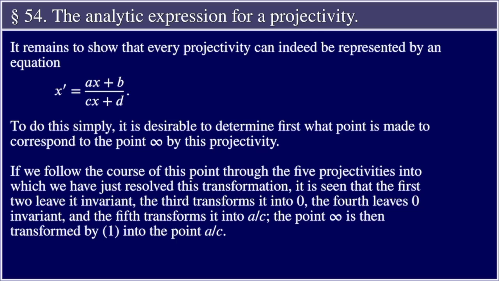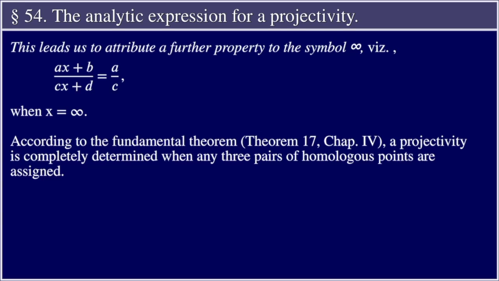The point infinity is then transformed by equation 1 into the point a divided by c. This leads us to attribute a further property to the symbol infinity, namely, (ax plus b) divided by (cx plus d) is equal to a divided by c when x is equal to infinity.